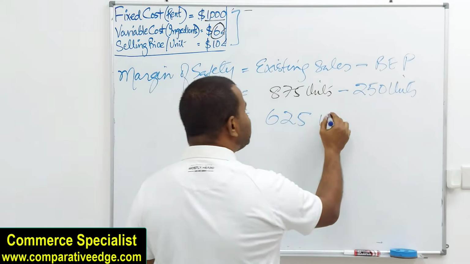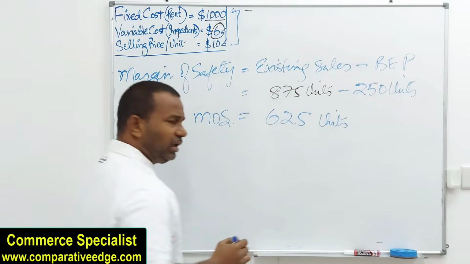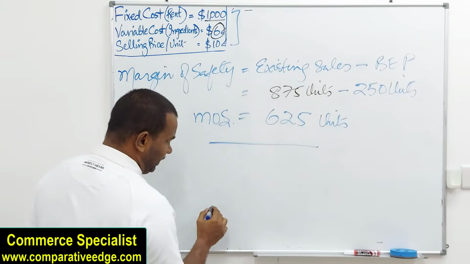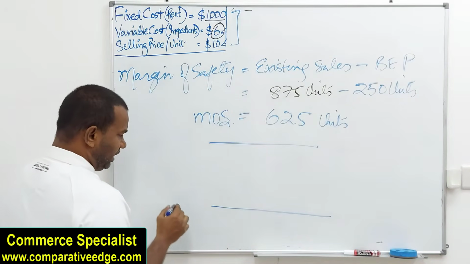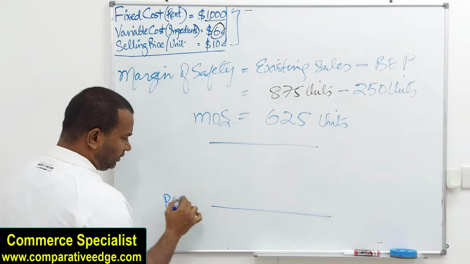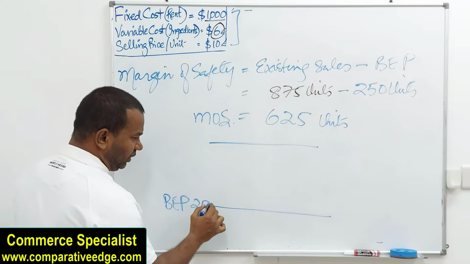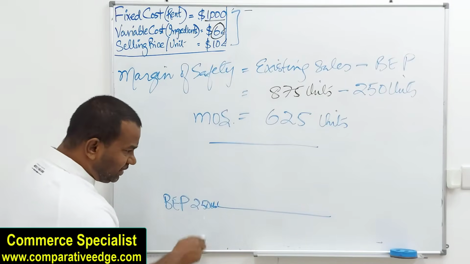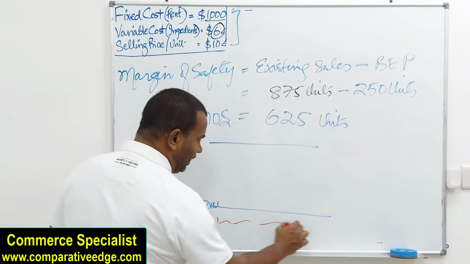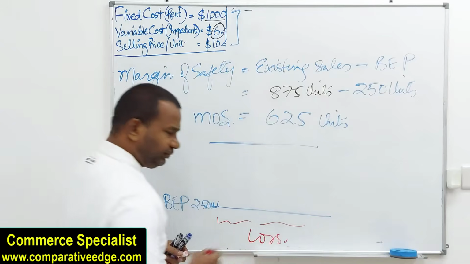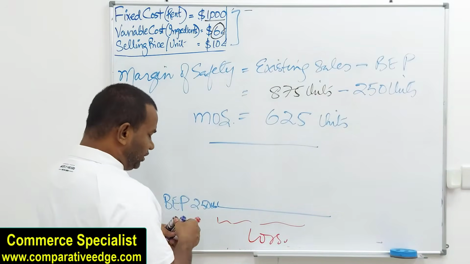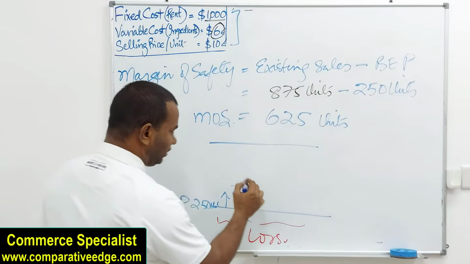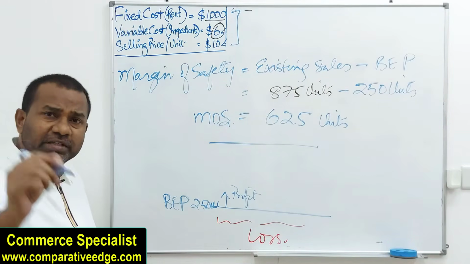Now, what does this 625 units mean? Have a look at this. I'm just explaining, this is just a simple example. This is your break-even point, which is 250 units. We understand if you sell less than 250 units, all this area is the loss region. If you sell more than 250 units, you are into profit. What is your existing sales?